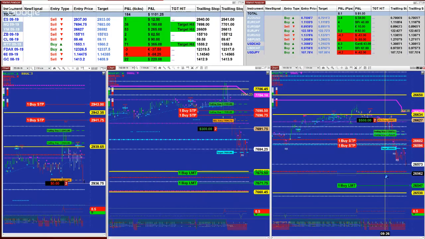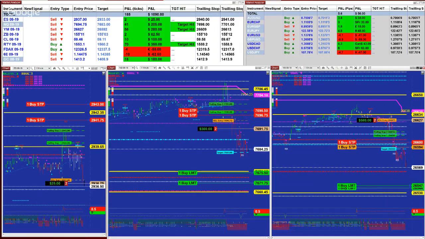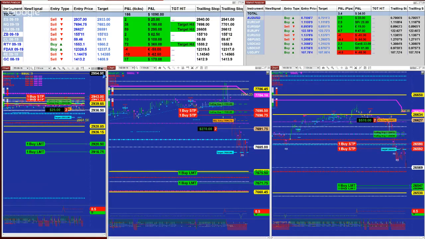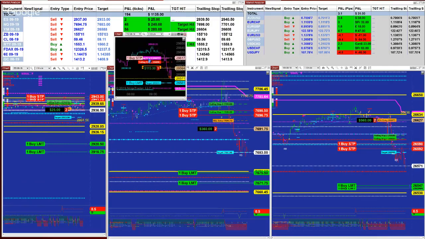As you see here, the YM on the blue chart, the blue charts are based on a 1 minute ATM. And then we use the black chart for, as an example, this one here, a YM, which is fully automated.